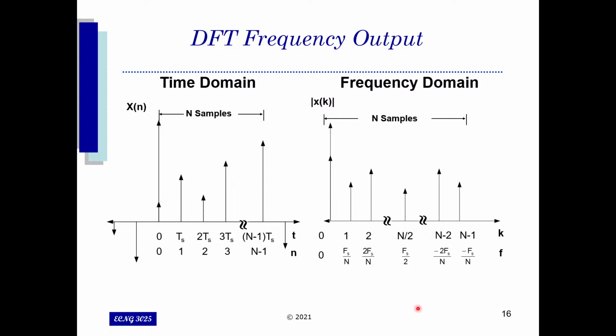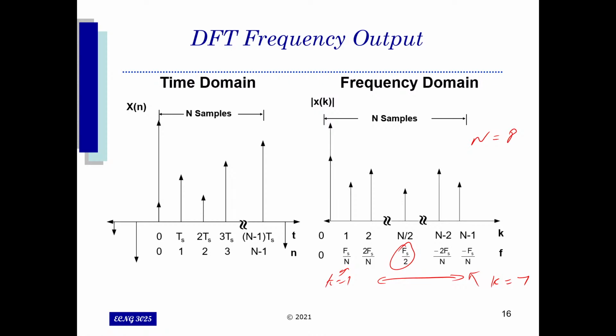So just to illustrate what I'm talking about here, let's say N here was equal to 8. So this will be at k equals 1, and this one here will be k equals 7. But because of the symmetry property about f_s divided by 2, that means here that k equals 1 is similar to that k equals 7 frequency component.